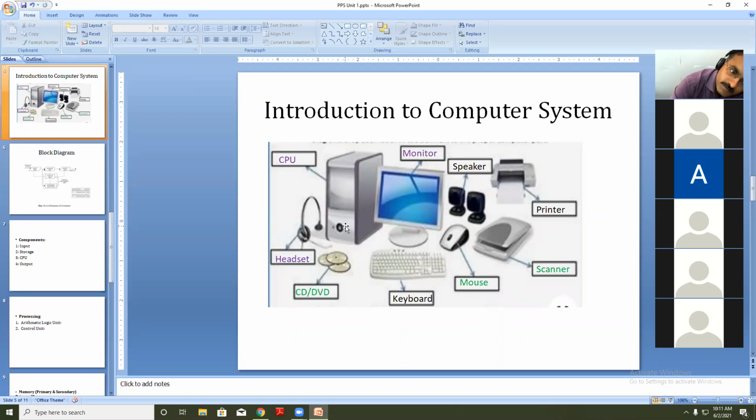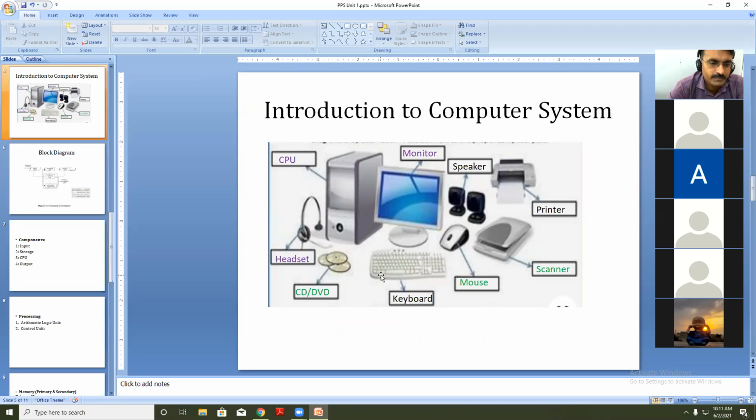But some are basic and required to perform certain operations, like keyboard, mouse, monitor, and the CPU. The headset, CD, DVD, scanner, printer, and speaker are peripherals. They can be used for giving inputs to the system or getting output. So this is a computer system.